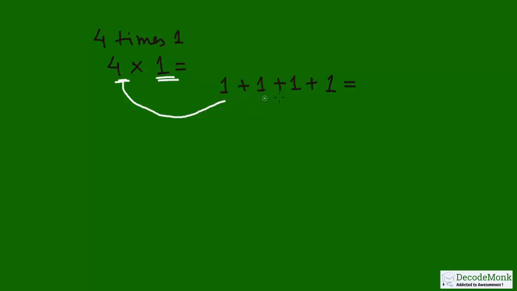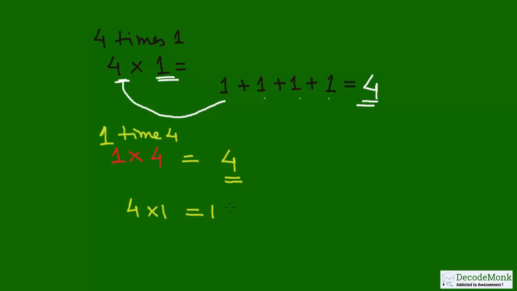So 1 plus 1 plus 1 plus 1 is equal to 4. Or you can also write 1 into 4, which is 1 time 4, just a single 4. So you can say 4 into 1 equal to 1 into 4, which is equal to 4.